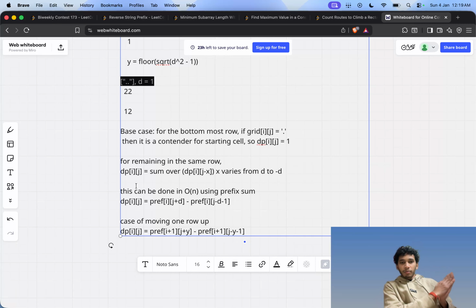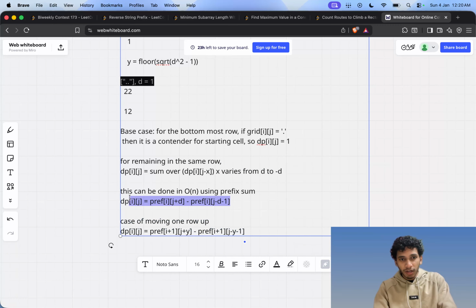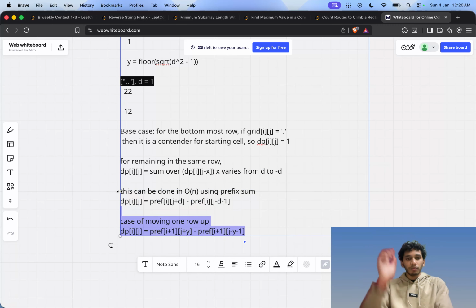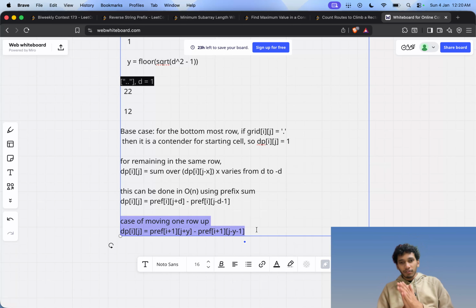So these are all the possible recurrences. Apart from this, no recurrence is possible. The base case is starting from the bottommost cell. After that, we apply the operation of moving in the same row, which is applied using this recurrence. Now we move one cell upward because we cannot remain in the same row two times, so this recurrence will hold.